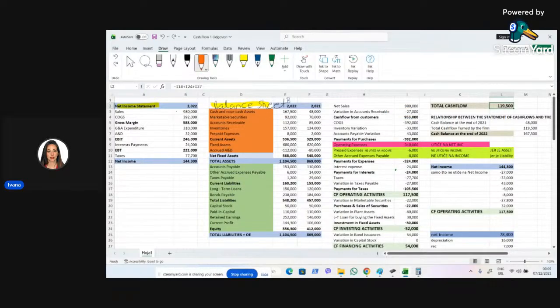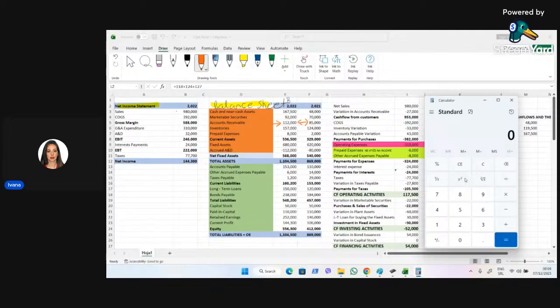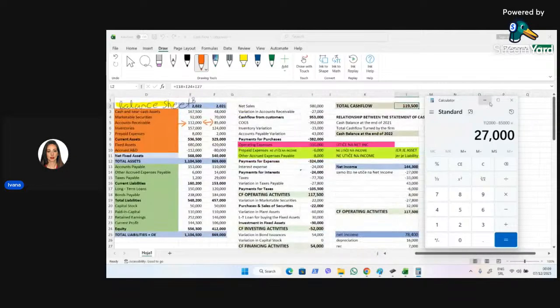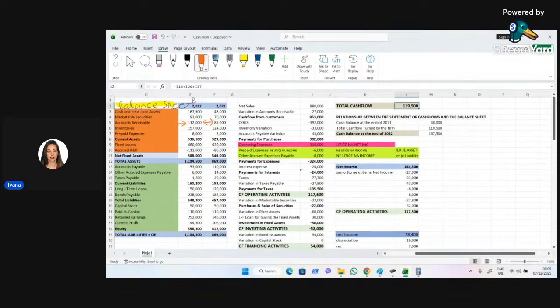We can find it here, accounts receivable. The difference between these 2 years, let's have a check. So in 2022, the current year, it's 112 minus 85. So the difference is 27, as you can see, and we will explain why this is negative.